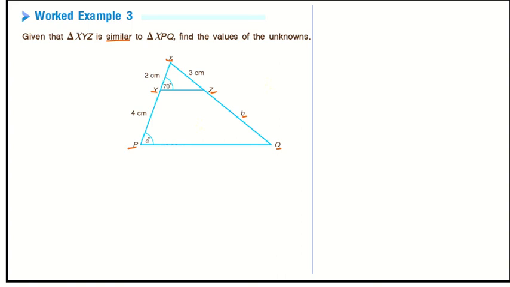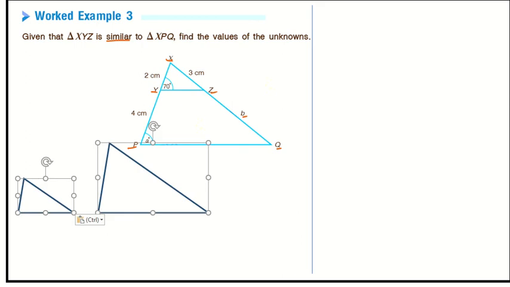So actually here we have two triangles. One is X, Y, Z, and this is 70 degrees. Here we have 2 centimeters and here we have 3 centimeters.